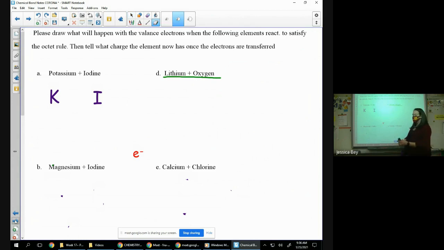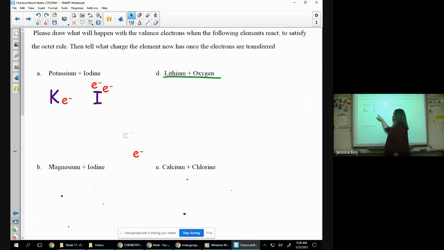He's in group 1, so give him 1 valence electron next to himself. Iodine is in group 7, so how many does he have? 7. 7 electrons around him. 2, 3, 4, 5, 6, and 7. Now this one's going to be very easy.